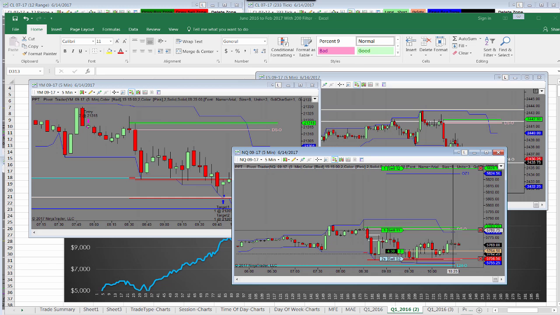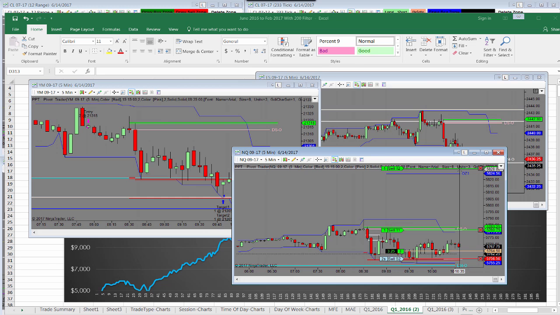It's an FOMC day, and I have no idea what the afternoon's going to bring, but here's my plan. I might be getting a little overzealous, but I'd love to get this target. It's 64 points. I at least just want to get the first one, obviously. If I hit target 1, I'm going to move my stop to break even and go for this big trade.